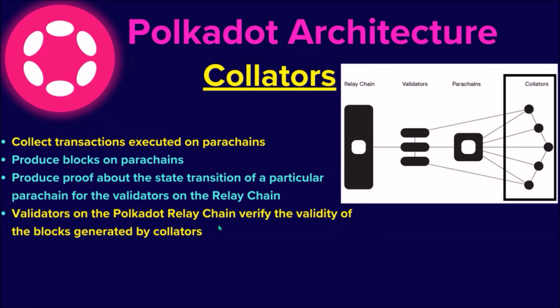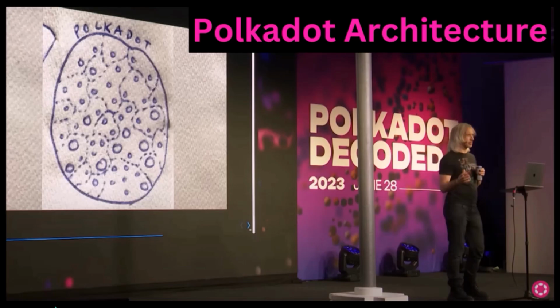I know some people still wonder why parachain collators are needed when parachains are secured by Polkadot's shared security, which is ensured by the Polkadot validators set. Well, collators collect transactions and produce blocks on parachains, whereas relay chain validators verify the validity of these blocks produced by collators. So this was Polkadot architecture in a nutshell.